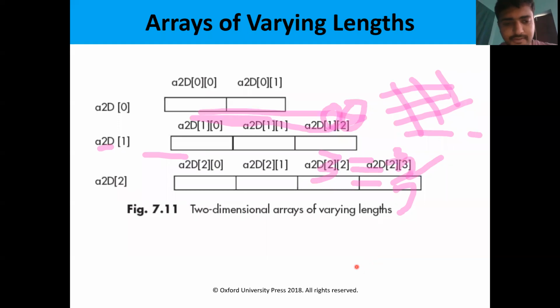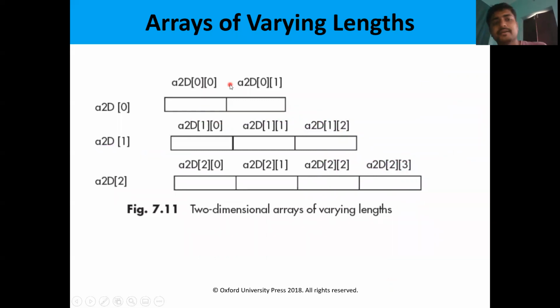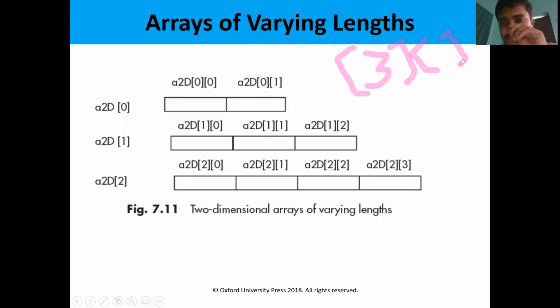So check this one. In the previous example, he's assigned the array size as 3 by, and he is giving empty braces. That means there are no constant values.